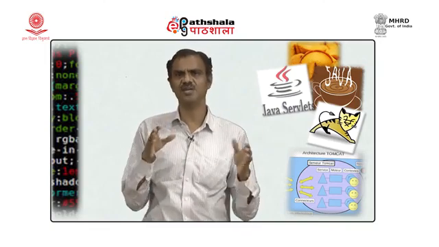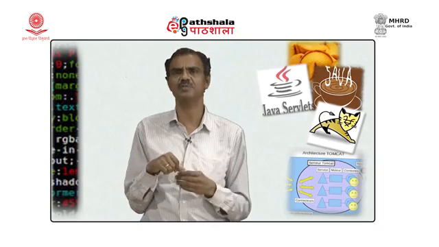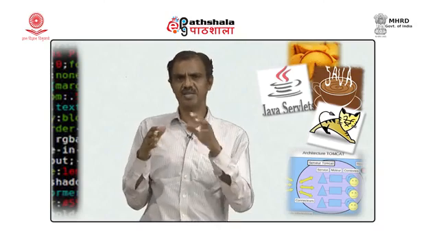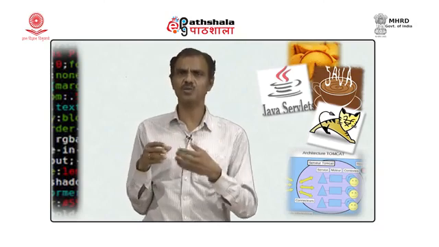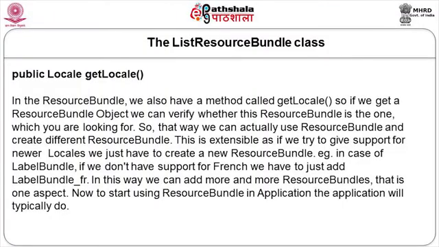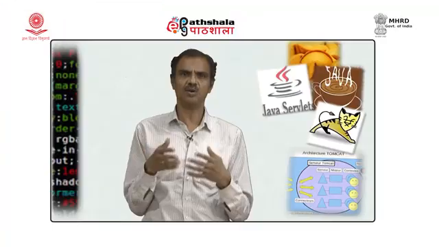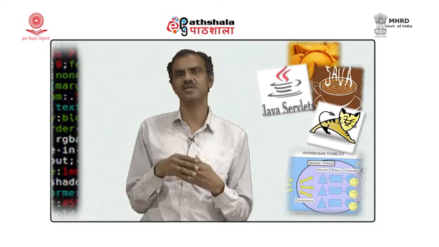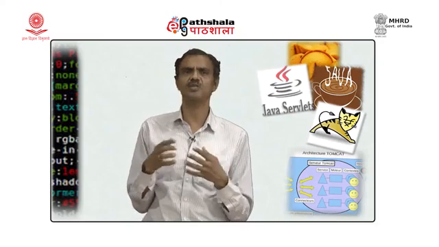So the default resource bundle is what it will fall back to. And in the resource bundle you also have this method called getLocale. So when you get a resource bundle object, you can also verify whether this resource bundle is exactly what you had wanted and how much different it is from what you had asked for. All that can always be done.